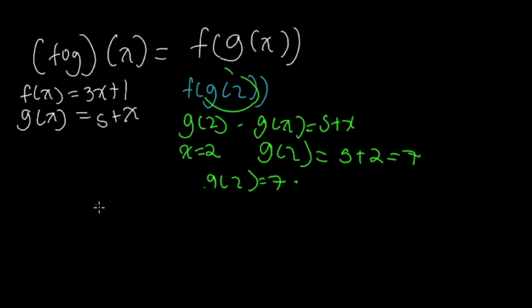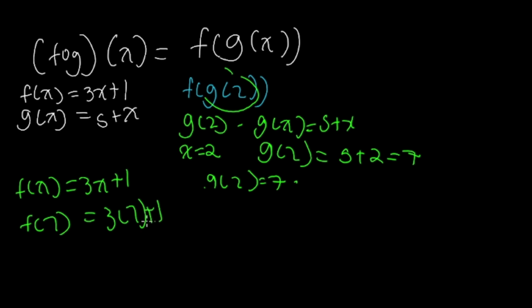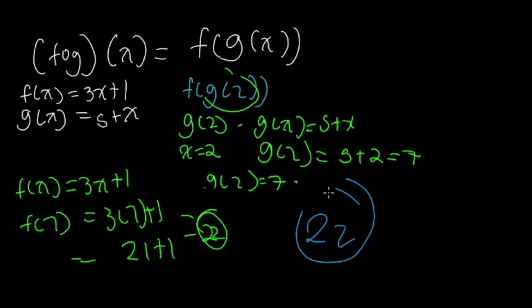Since f of x is equivalent to 3x plus 1, f of 7 would be equivalent to 3 times 7 plus 1. This is the same as 21 plus 1, which is 22. And so the final answer is 22. f of g of 2 is equivalent to, not 21, sorry, 22.